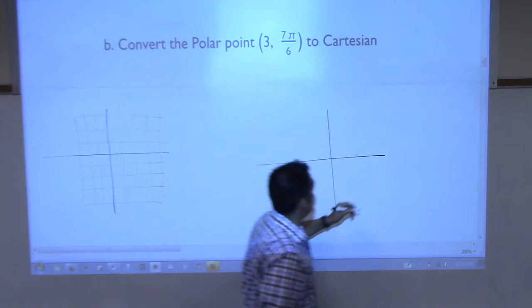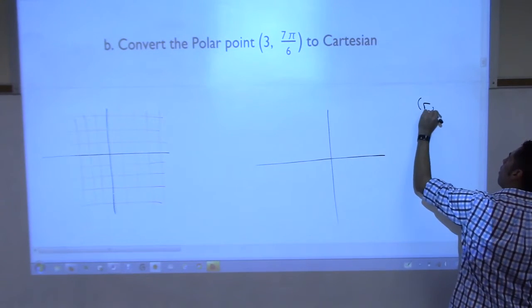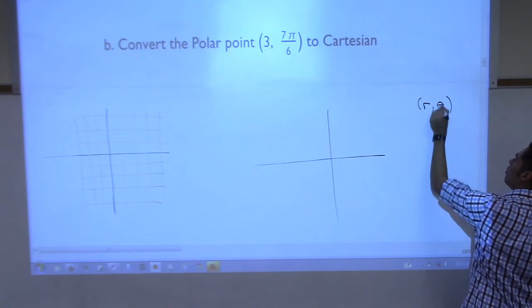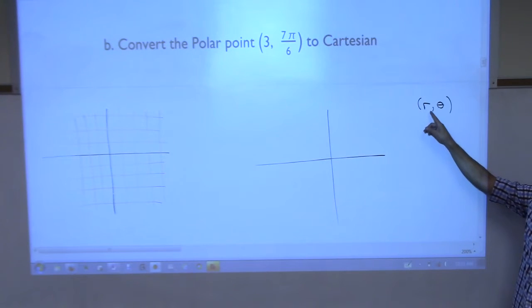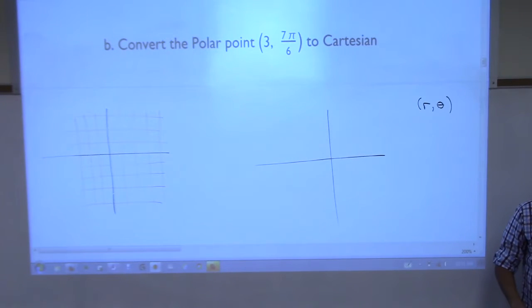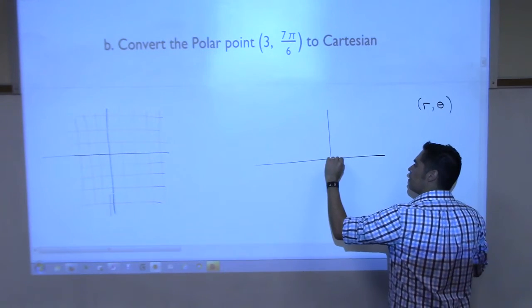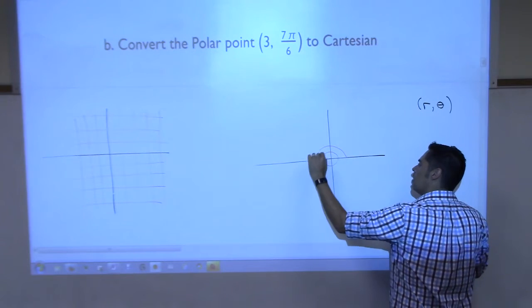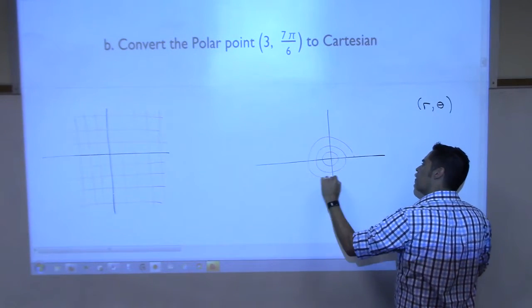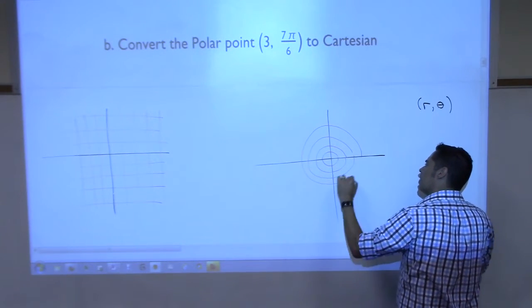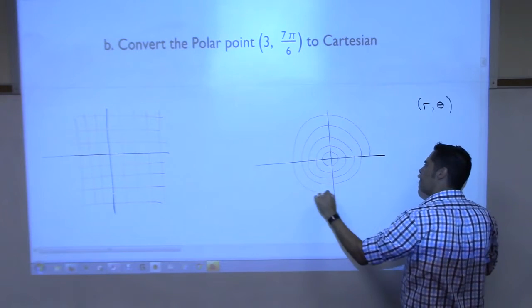With polar graph paper, we're going to have r theta. Let's do increment values of r, and r is the radius. That would be like circle radius 1, circle radius 2, circle radius 3. So the graph paper would look like this. You'd have these circles, radius 1, radius 2, radius 3, radius 4, and so on and so forth.